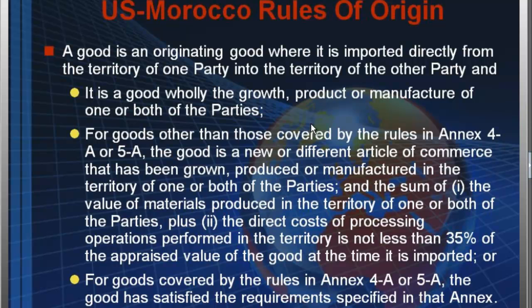Now these are exemplars of some of the rules of origin. So this is from the U.S.-Morocco rules of origin. And a lot of people ask, well, where are the rules of origin? The agreement is an international agreement. The U.S. signs it, and the other signatory or signatories to the agreement would sign it.